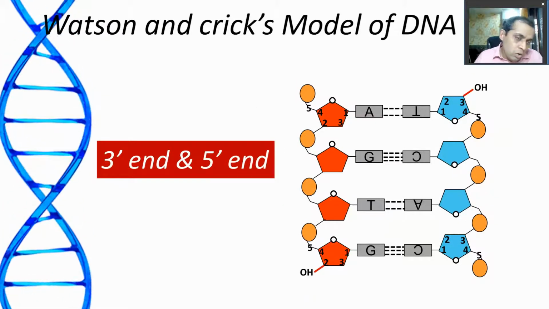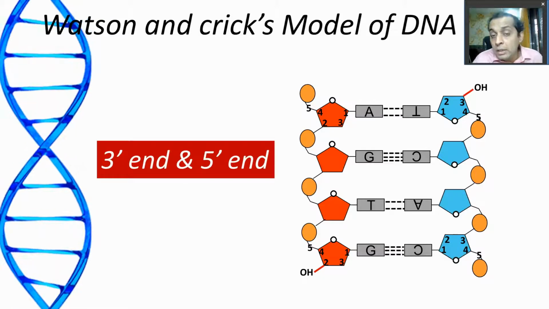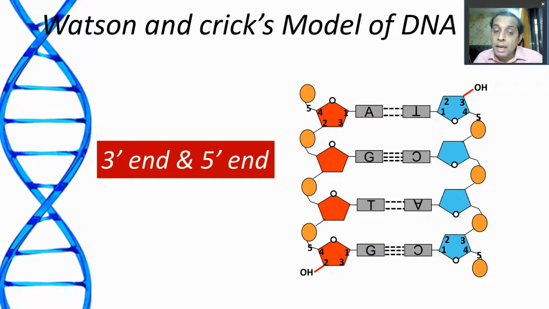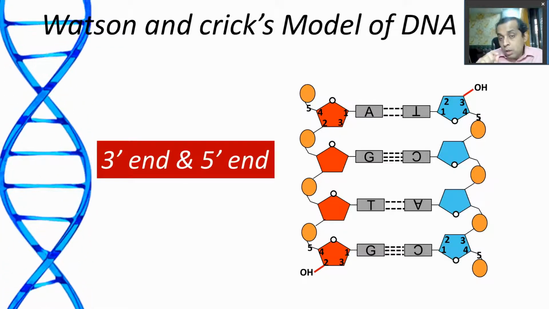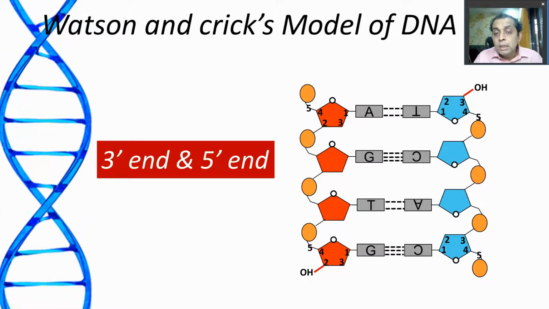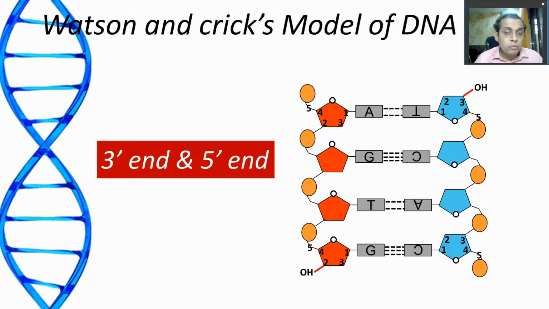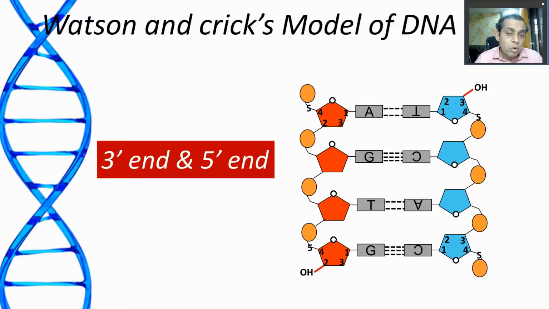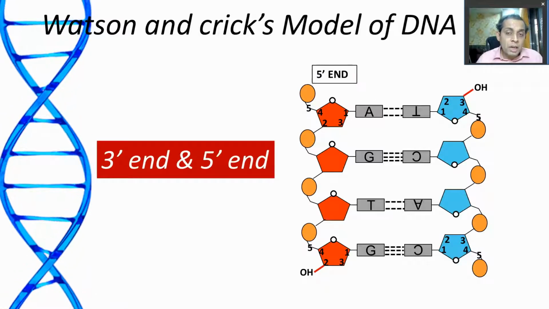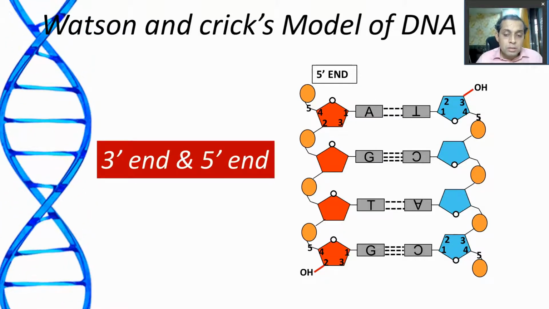Now, both the strands of DNA also have names for their ends. Each strand has a name to it. If you look at the structure of the nucleotide, the sugar group consists of 5 carbons. Out of the 5 carbons, the fifth carbon location is the 5' end, and the third carbon direction is the 3' end.